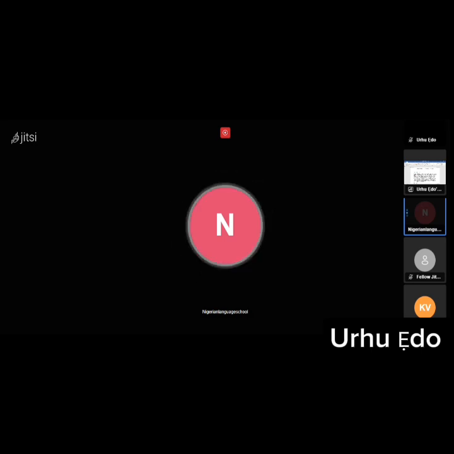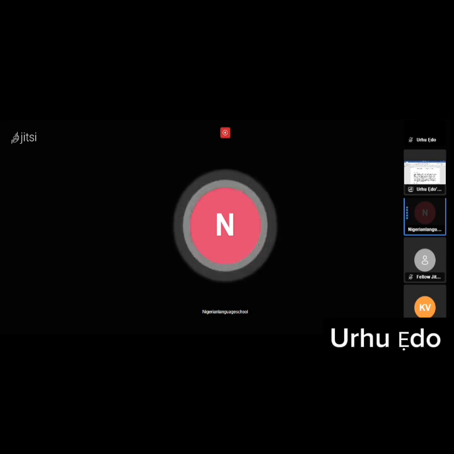The Edo language has a unique numerical system that primarily relies on addition or subtraction to form numbers. Unlike the Western numbers, instead of using standalone number names for each numeral, the system often derives numbers by either adding to the base numbers or subtracting from the number one is counting to.